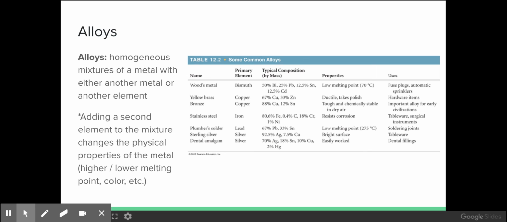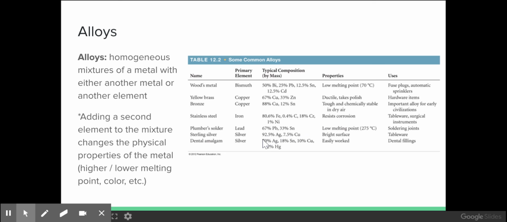Alloys are specific types of metallic substances in which you have an elemental metal that has been mixed with at least one other element. The addition of an extra element can change the overall properties of that metal. For instance, we can strengthen steel by adding some nickel and some chromium to resist corrosion.